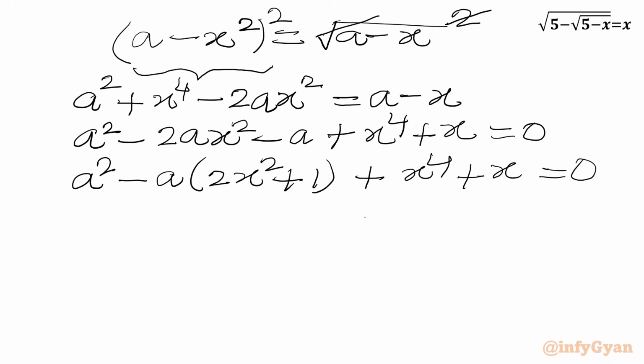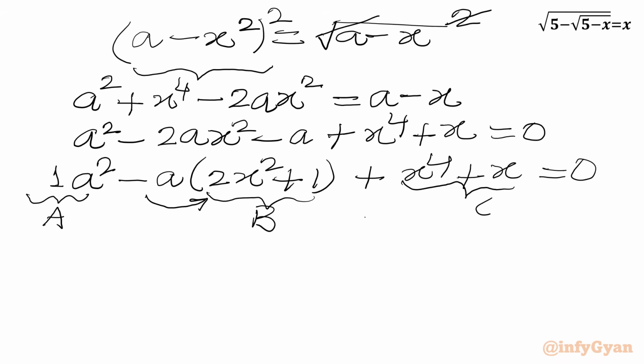So we will consider capital A, the coefficient of a square, is 1. Here we will consider minus sign with 2x square plus 1 as capital B, and this is our capital C. Now I will be using the quadratic formula.